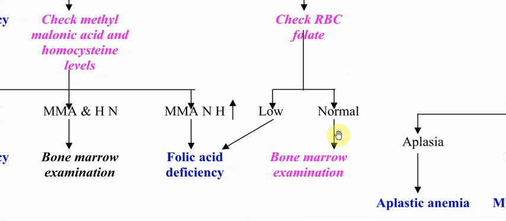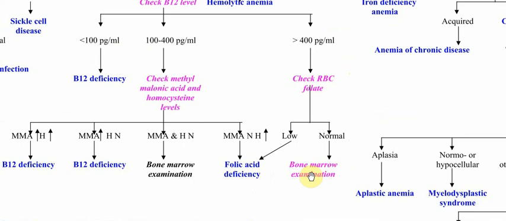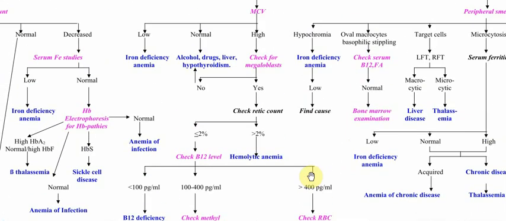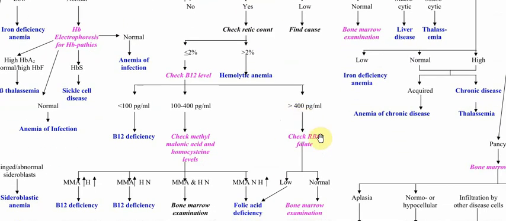If it is normal, then it is an indication for bone marrow examination. So we finished with the mean corpuscular volume and then going down below up to here.